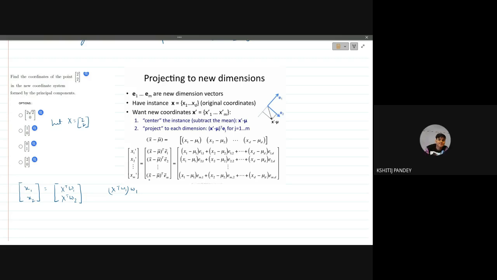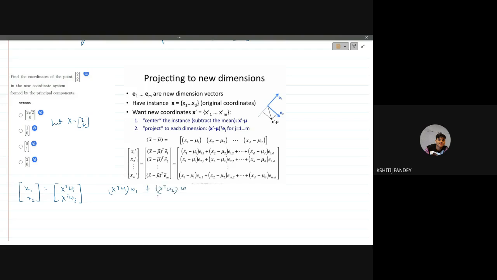Wait a second, could you please repeat? Maybe there is some slight modification here. Your method is correct actually, but I'm having a confusion here. You are saying to use this plus X transpose W2 into W2.